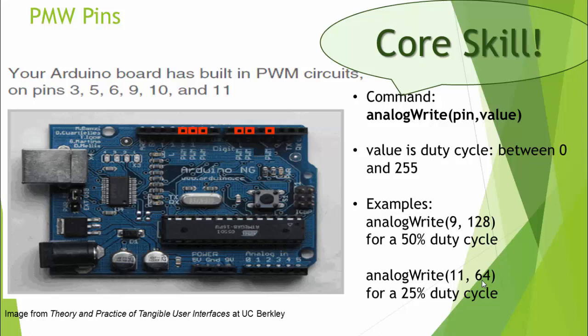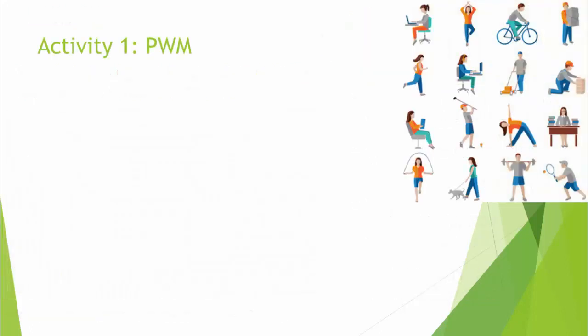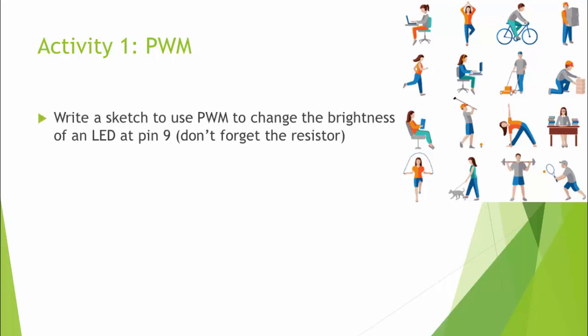So this command is going to be critical when it comes time to control the speed of motors and control the brightness of LEDs. For this reason, we'll spend a bit of time developing some stuff now.